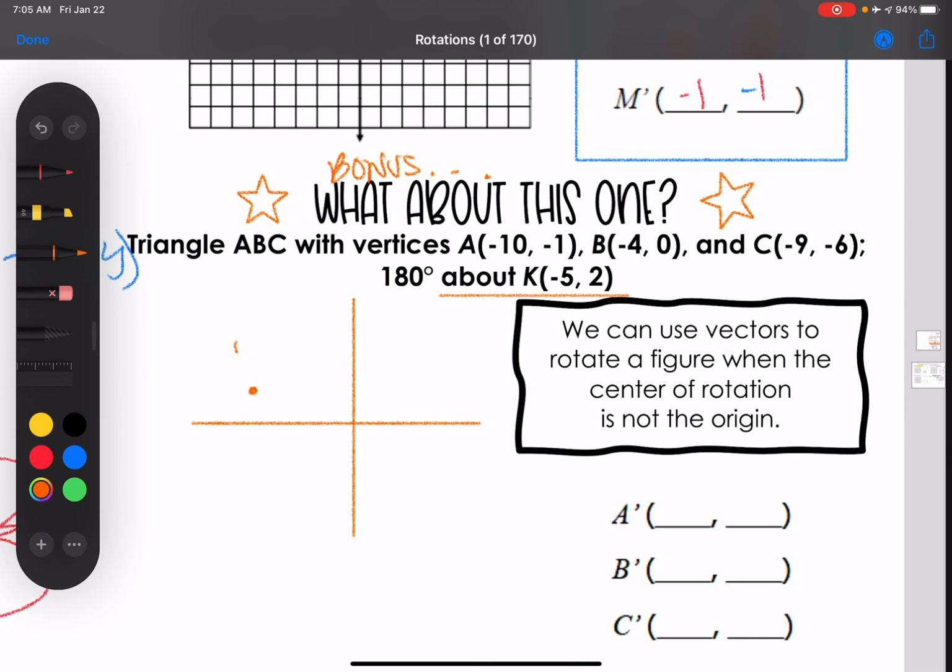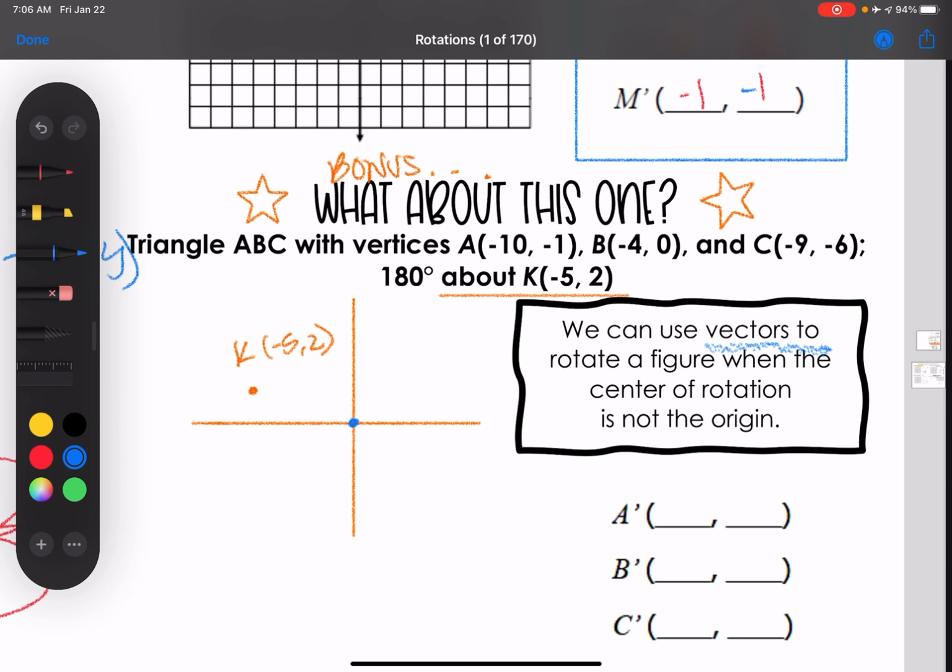We know all of our rules that are rotating, they're about the origin all the way over here. And some of you already know what's happening. You're like, oh no, not this again. It's this again. So pretty much you're going to use a vector, which is what we were doing last time, but we didn't really express it that way. And you're going to move it, translate it back to the origin.